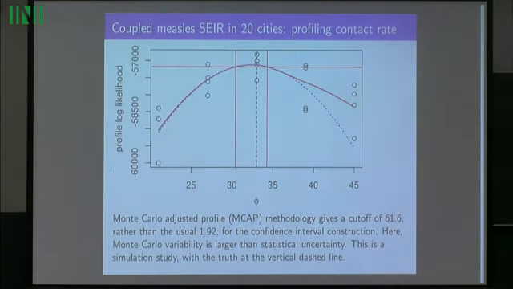Okay, so here's just one example of the MCAP, because from the point of view of the MCAP, the relevant thing really is just that you have some complex system and you can get some super noisy Monte Carlo estimate of the likelihood, and that doesn't stop you doing effective inference.